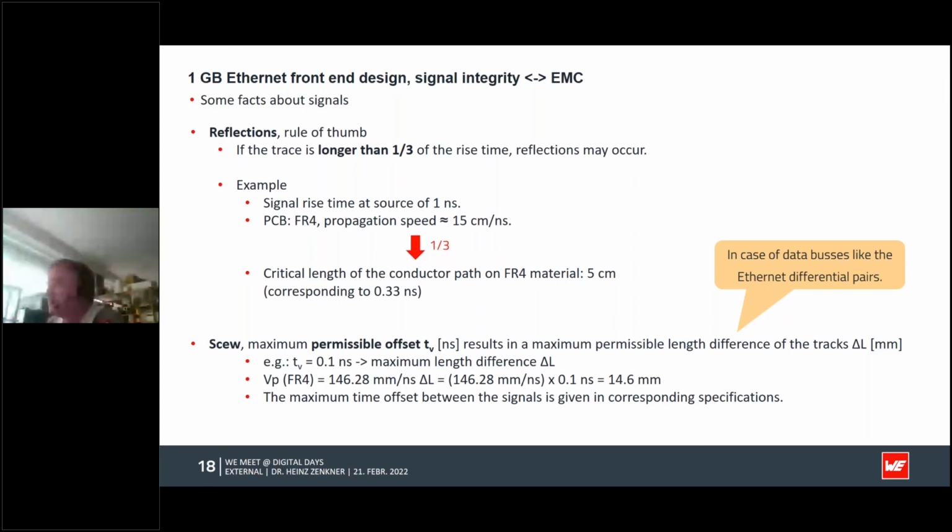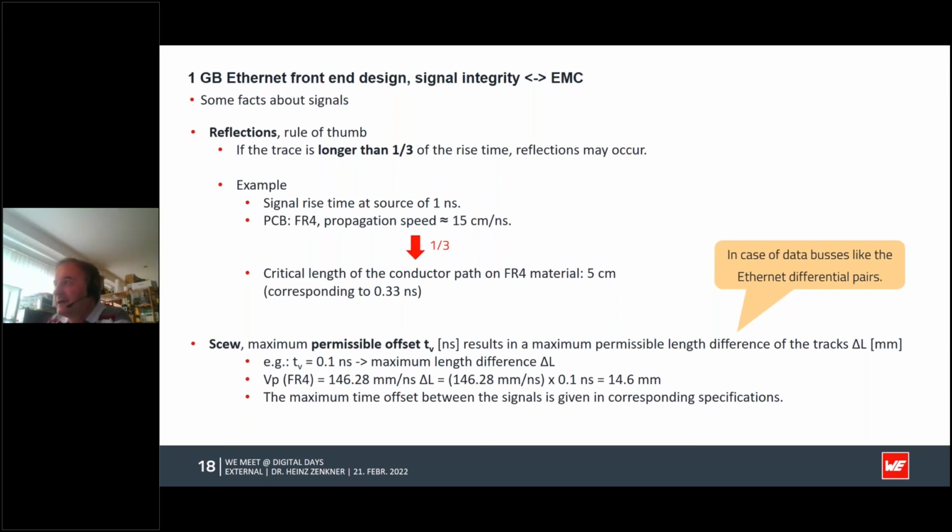We have 15 centimeter per nanosecond. And as we talk about 1 nanosecond here, then it's 1/3. The critical length here: if the trace is longer than 5 centimeters, we have to deal with reflections because the propagation time is longer than the rise time.